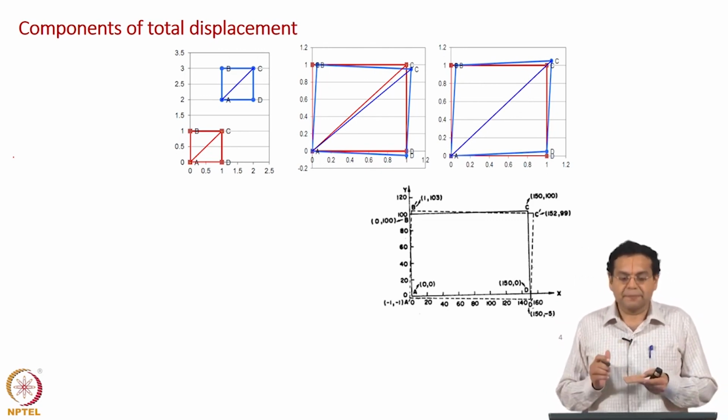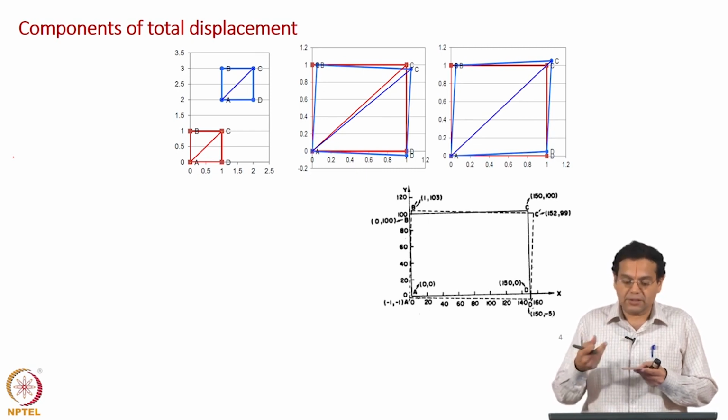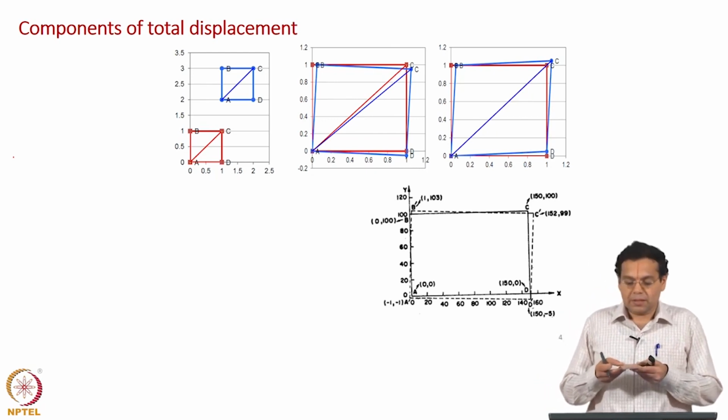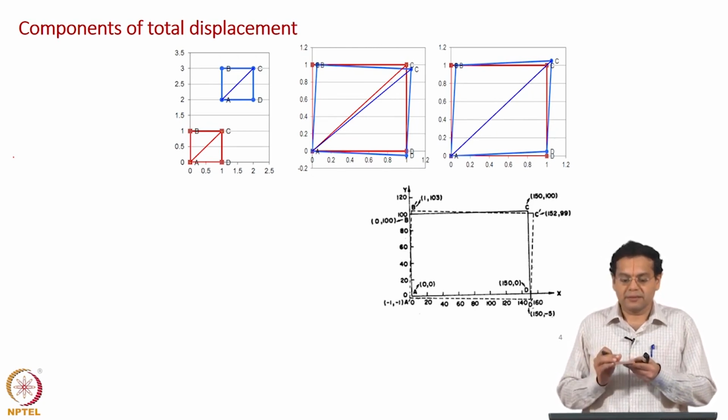If you have a plate and then you apply a force, it undergoes deformation, there is some change in coordinates. That change in coordinates could be because of several reasons or several components. First, if you just move the plate, it is translation, that is what we have seen. So, that can result in change in coordinate.